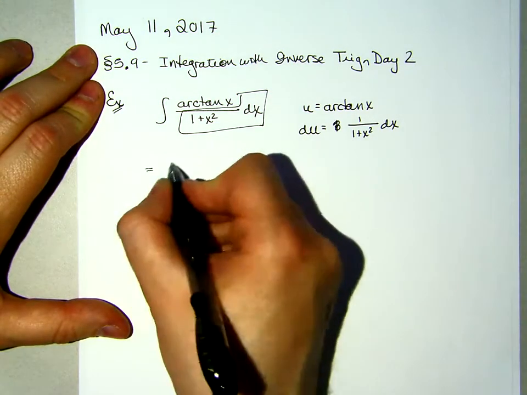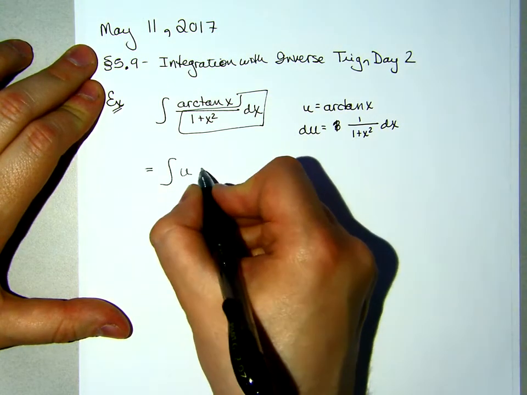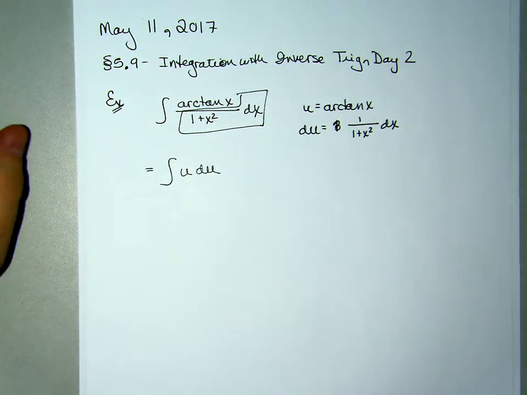This problem is just integrating u du. You can handle that. This is like earlier in the year when I asked you to do an integral that had a natural log in it. I never taught you the formula for the integral of the natural log of x. But we could make that our u, and its derivative showed up in the problem, so we could work with that.